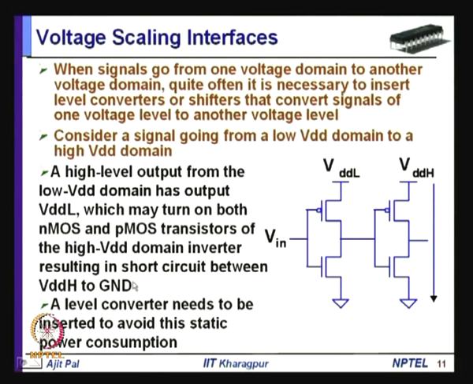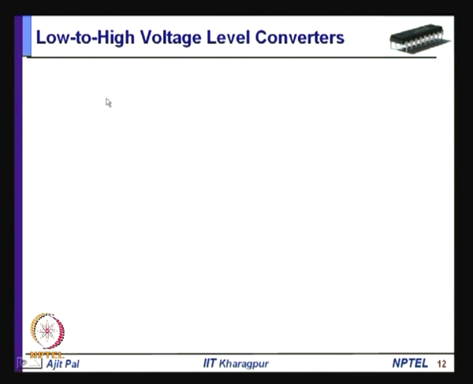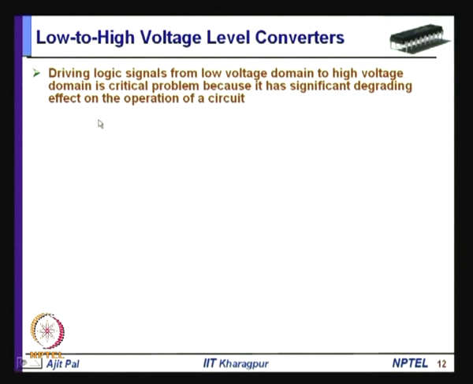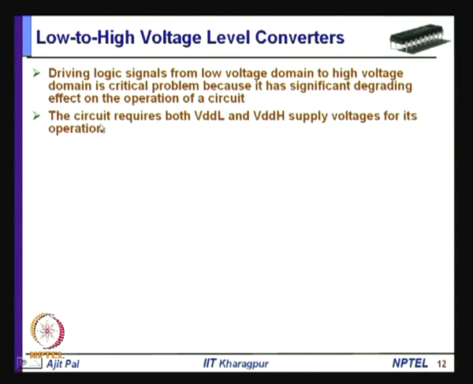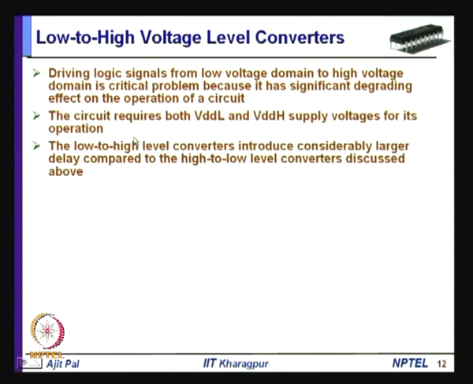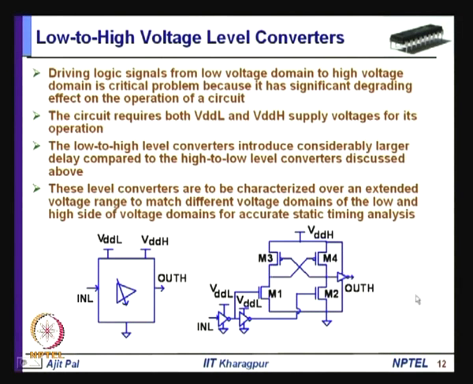So, this I have already explained. You require a level converter to avoid this static power dissipation in this circuit. How can you realize a level converter? This is the type of level converter you can use.